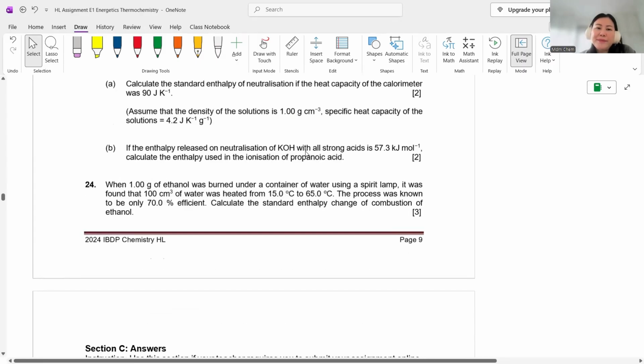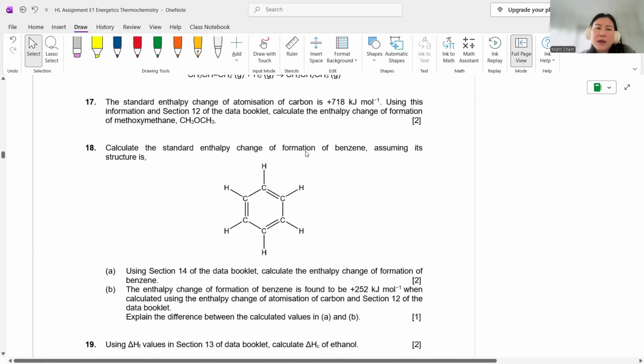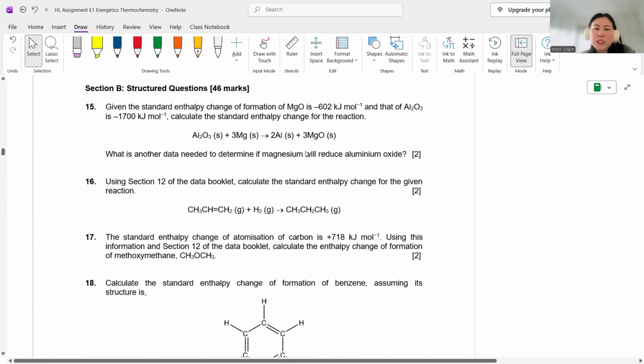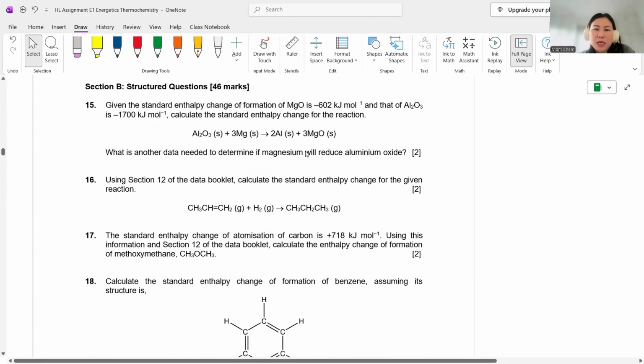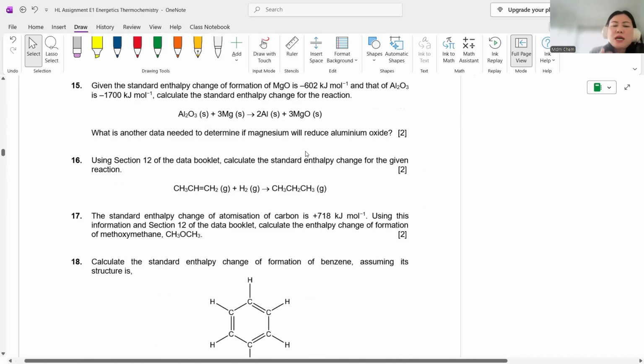So I will go through selected structured questions. For example, I will go through different type of questions.